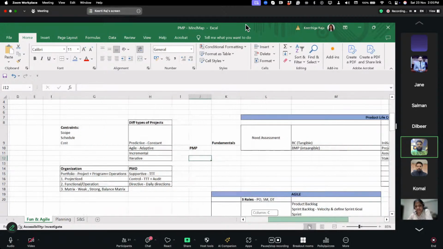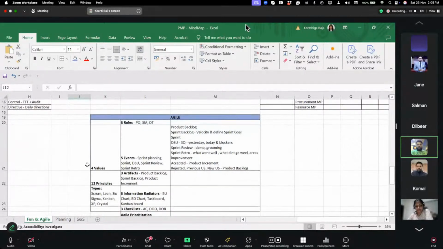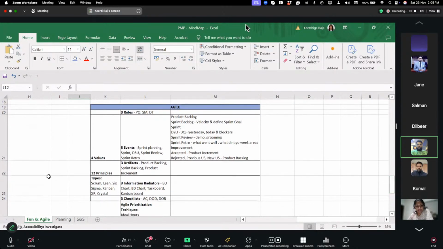All right. So this is about the basics. Now, if we talk about Agile, Agile is basically a type of methodology adopted for implementing projects. So it has 4 values and 12 principles.